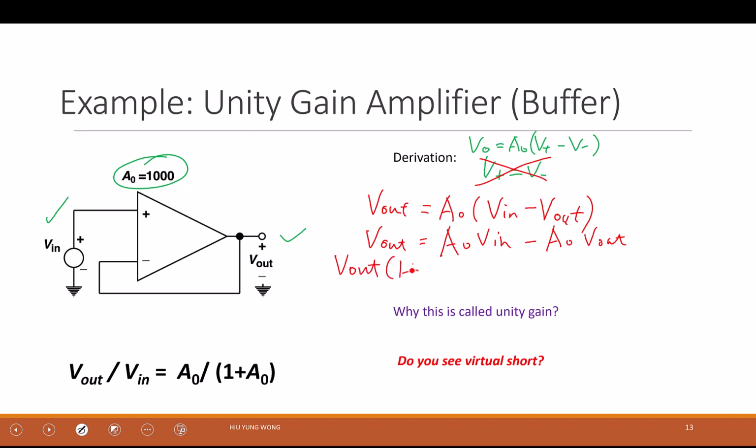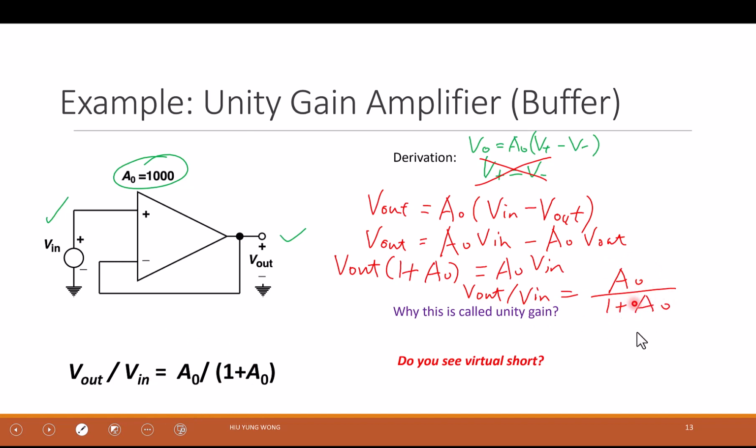This is (1 plus A0) V out equals A0 V in. And then by definition, this is very important, the gain is V out over V in, which equals A0 divided by 1 plus A0. Okay, good.